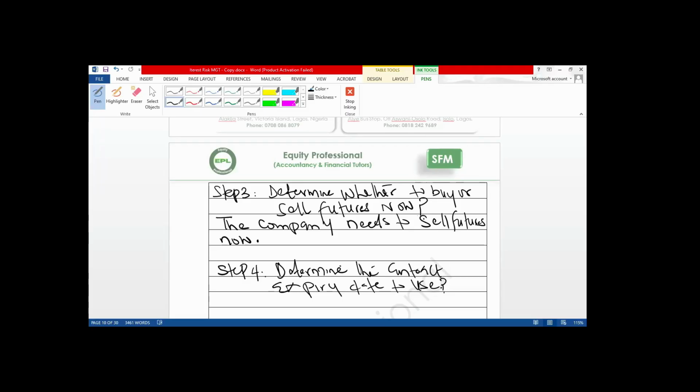Remember, we have 4 contracts: March futures contracts, September futures contracts, June futures contracts, and December futures contracts. Since the transaction date is on the 28th of February, we are going to make use of March futures contracts.